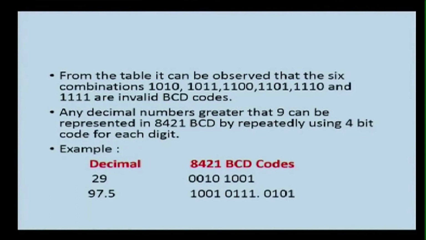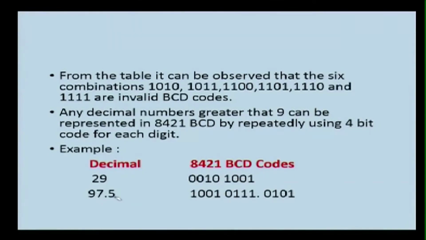Any decimal number greater than 9 can be represented in 8421 BCD by repeatedly using the 4-bit code for each digit. For that, I have shown an example here. A decimal number 29 can be written as 0010, and for 9 I can write 1001.